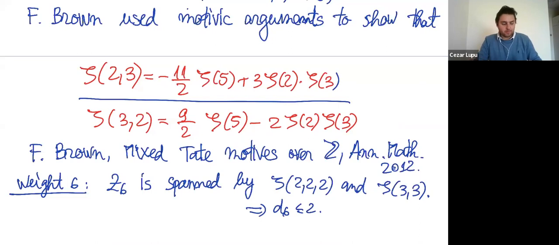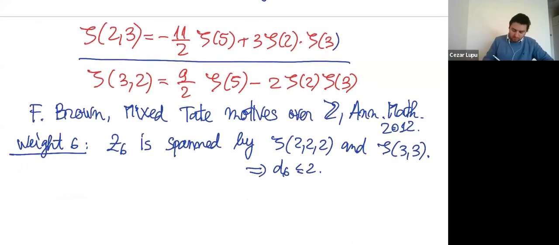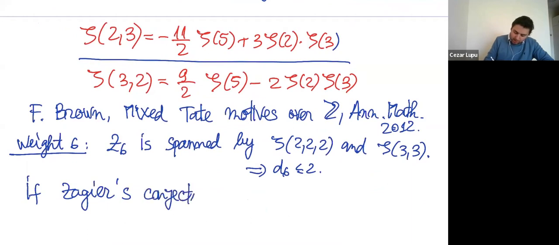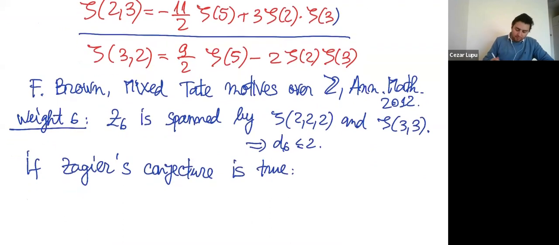So as you can see, any way we play, we get the upper bound. But now, if Zagier's dimension conjecture is true, we'll get the following. Let's write them in weight 2. We have D2 equals 1, so we have only one value, zeta of 2.